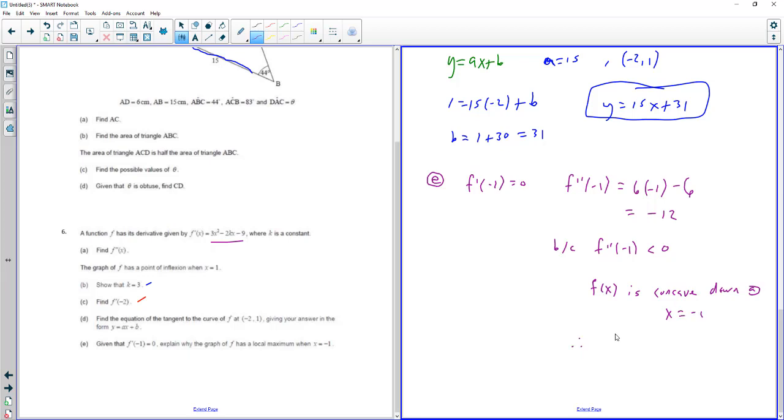Therefore, f of x has a local maximum at x equals -1. So because it's concave down at x equals -1, it tells you that there's a local maximum there, okay? And that's your justification.